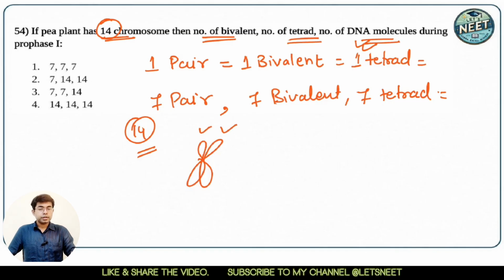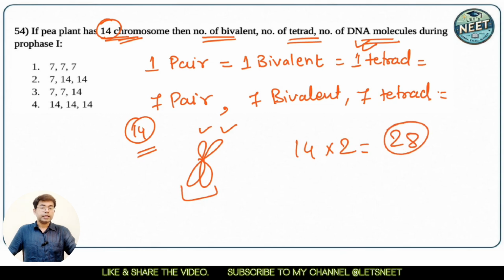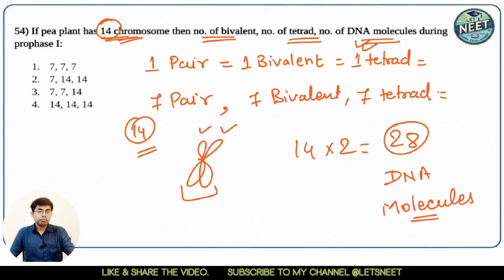So number of DNA molecule here will be 14 into 2, so it will be 28 DNA molecules. So number of DNA molecules will be 28 on the basis of number of chromosome.